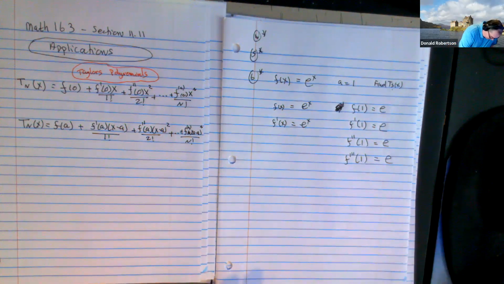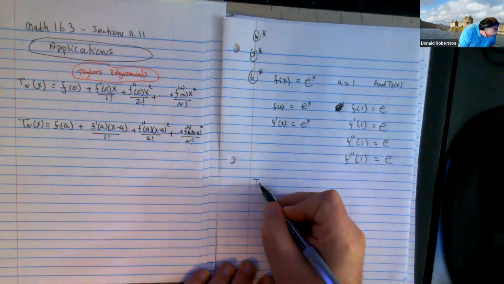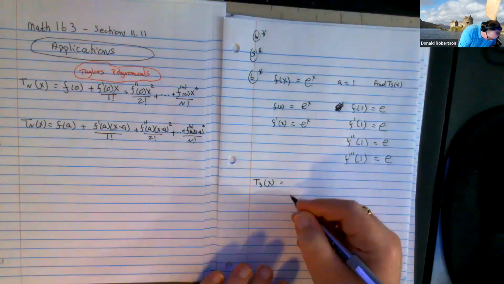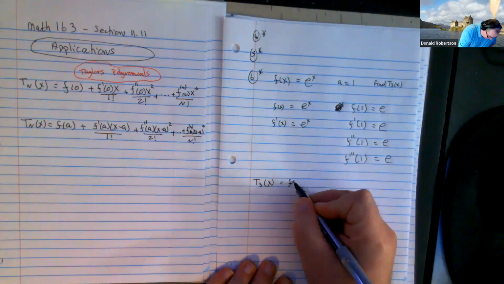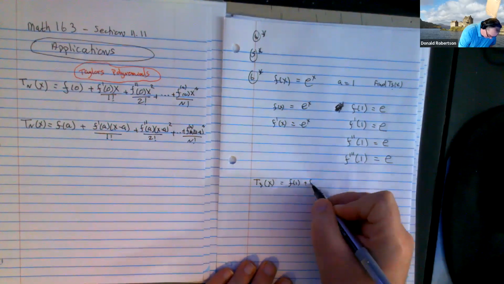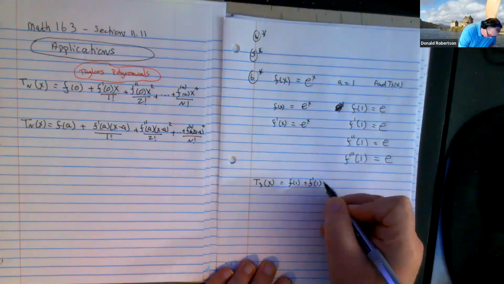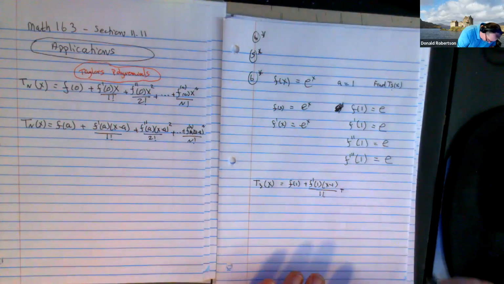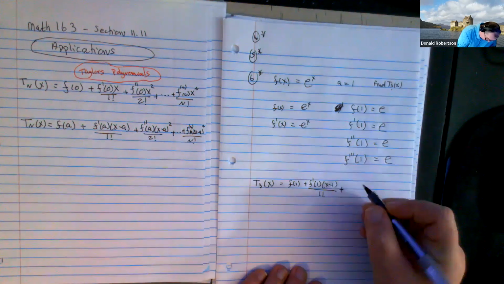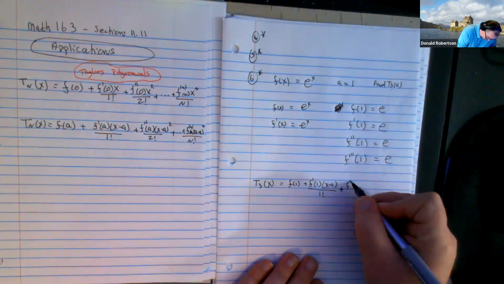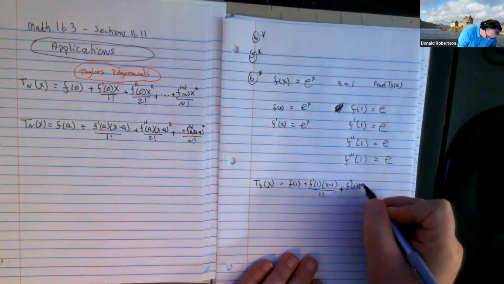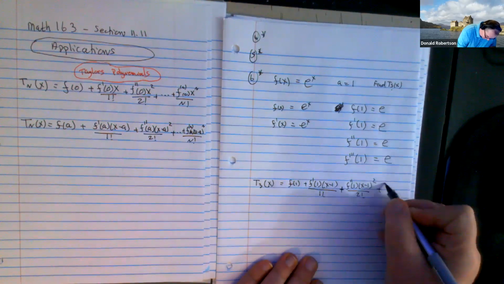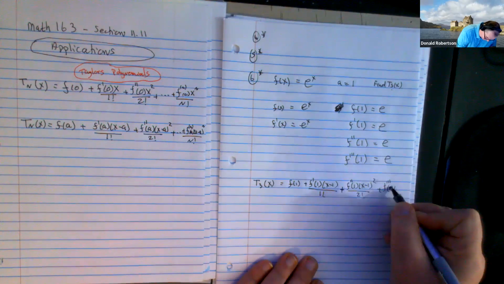So T3 of x is going to be this version, because it's centered at 1. So it's going to be f of 1 plus f dashed of 1, x minus 1 over 1 factorial. Oh, by the way, at the end of this, you're going to be told something really, which I think you'll like. So since it's a T3, don't we finish at the third derivative, and so on.